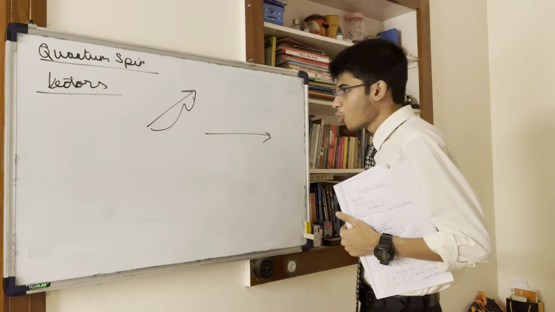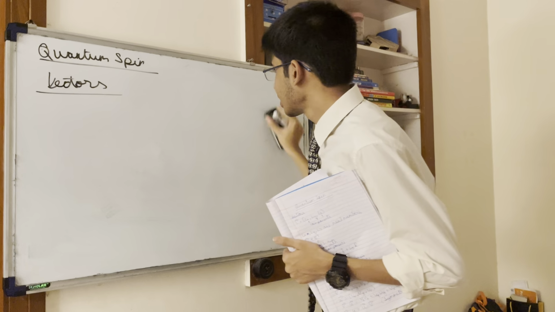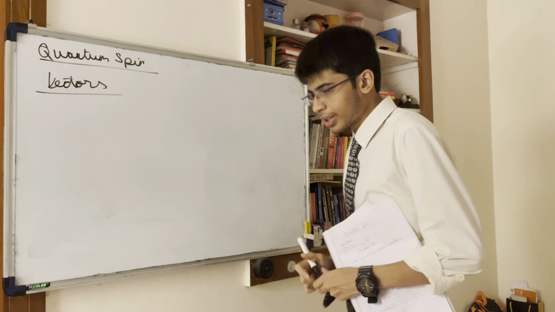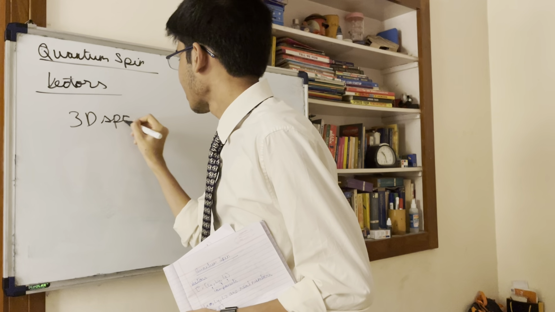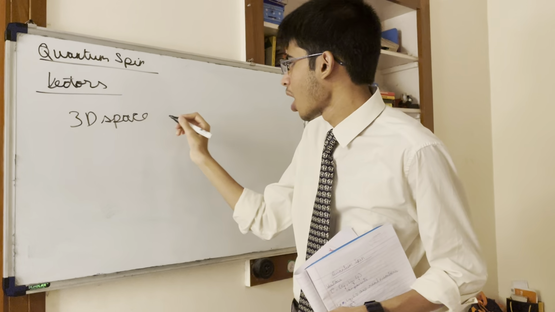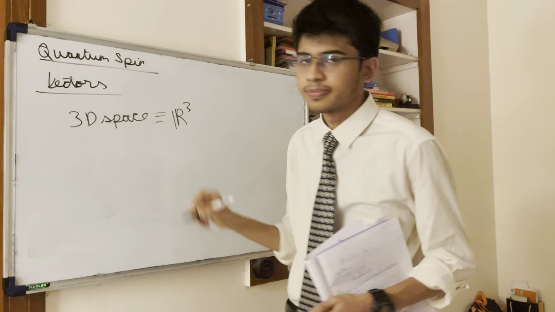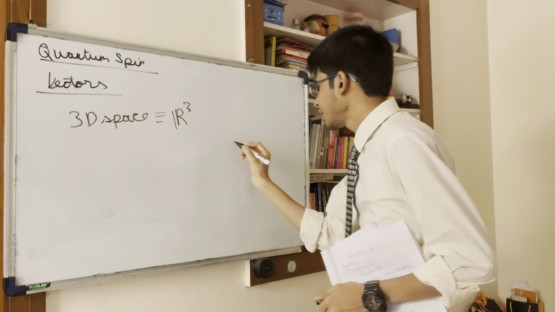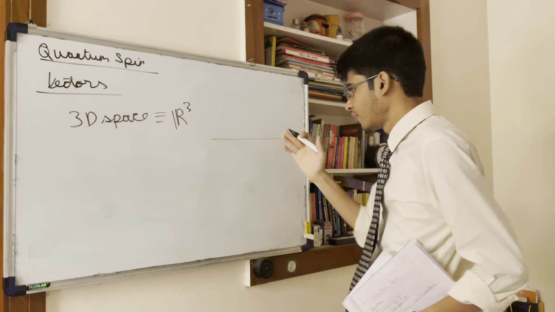Now if I take a vector in three-dimensional space, that's the space we live in, we can denote three-dimensional space in mathematics as R3, where R is the real number line. If we take a real number line, it has values from minus infinity to plus infinity.